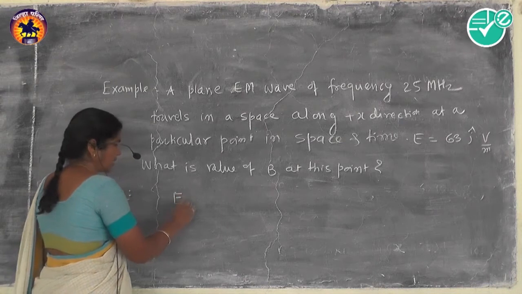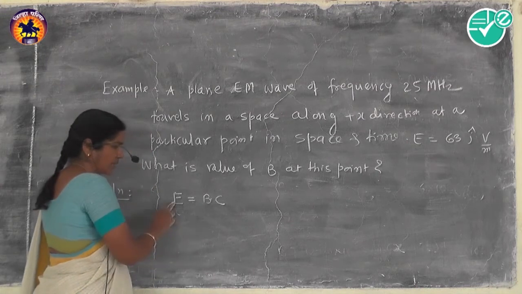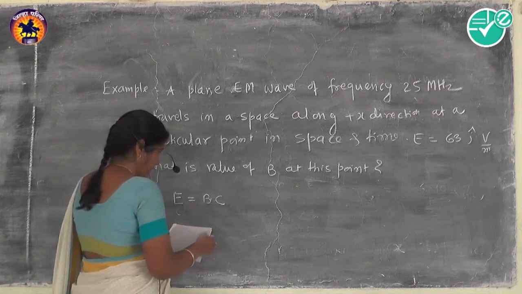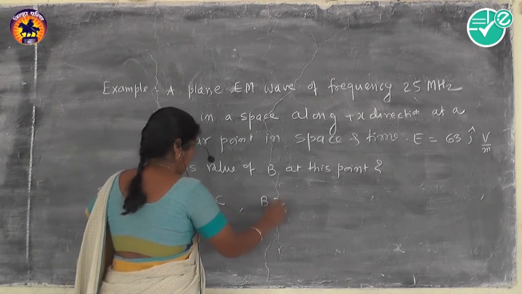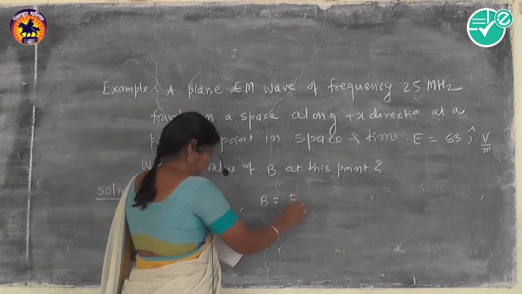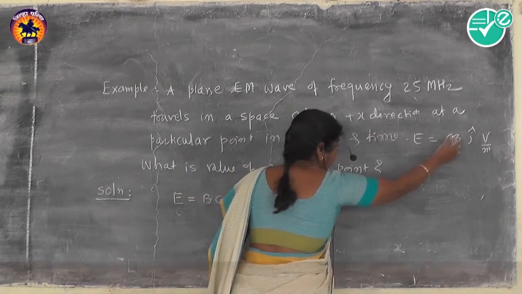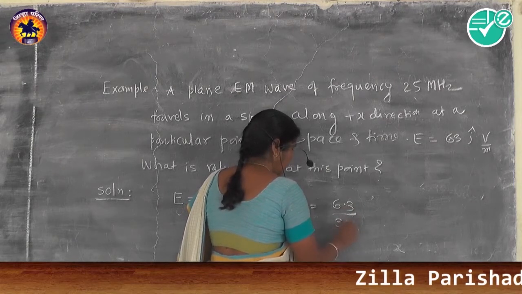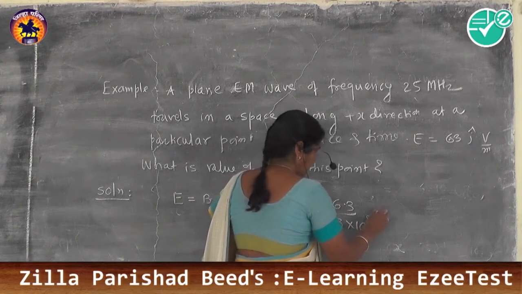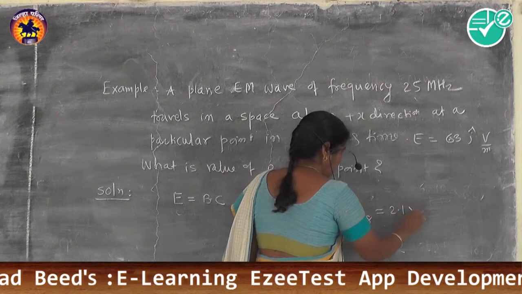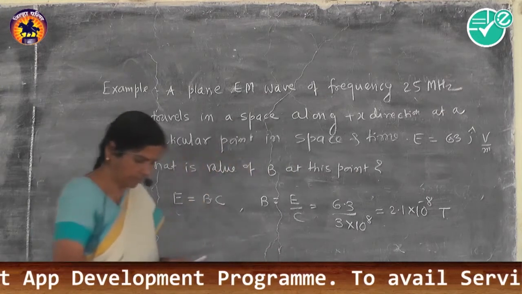Since we know that E is nothing but B into C, E by C is nothing but B, and we have to calculate B. B is nothing but E upon C. E is given as 6.3 upon 3 into 10 raised to 8 meter per second. This is the value of the speed of light in space. So 2.1 into 10 raised to minus 8 Tesla is the value.